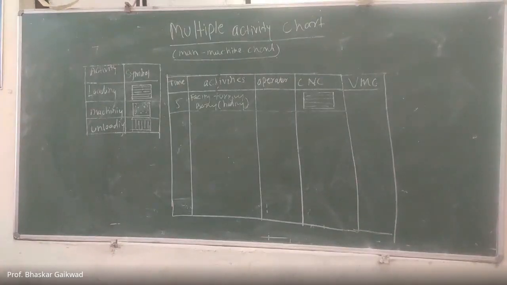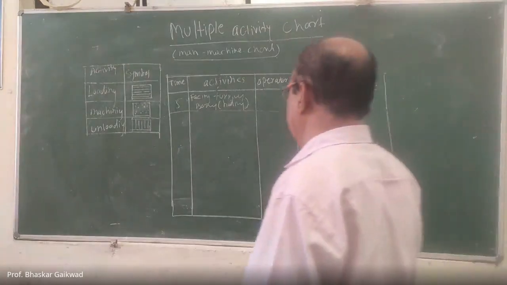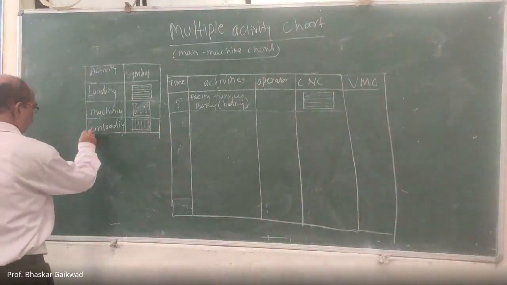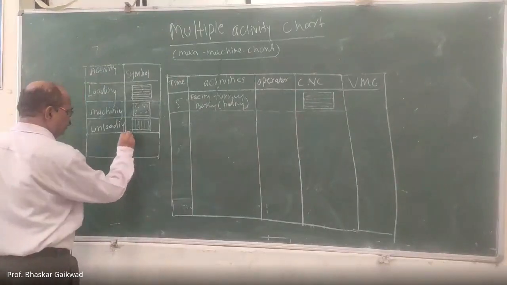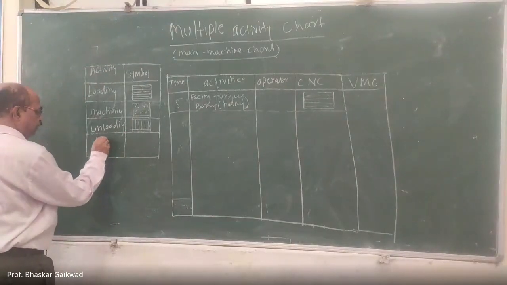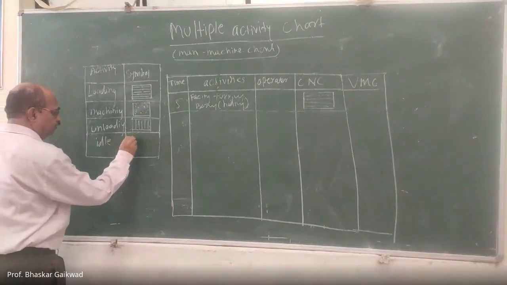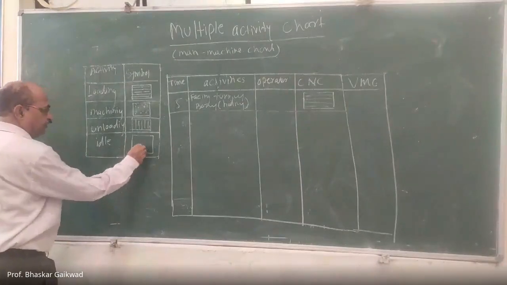After this, the machining will take place. Once the machining is over, we have to remove the job, so unloading will be there. So at this time, the VMC remains idle, no? The idle symbol will be blank. Idle remains like this, nothing is there.